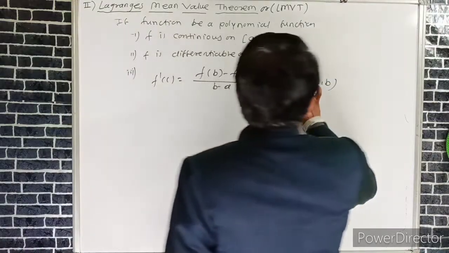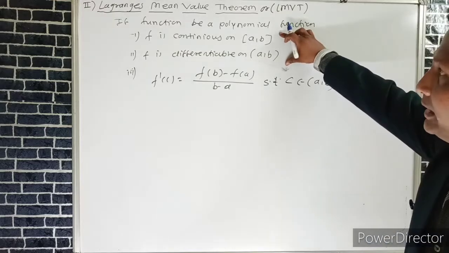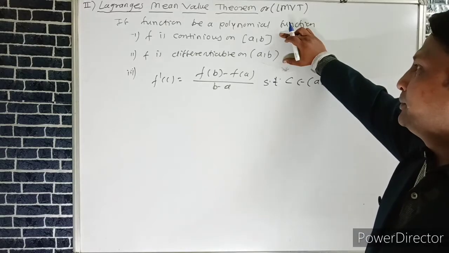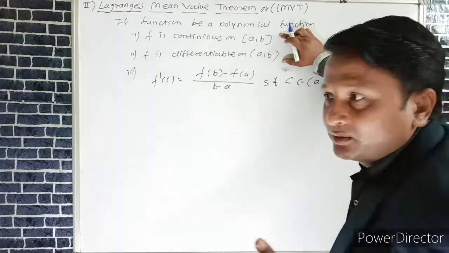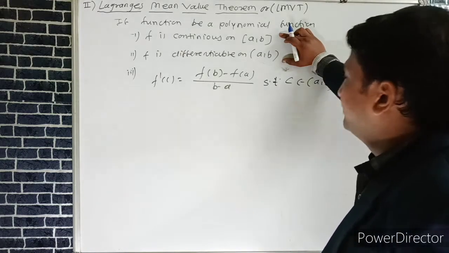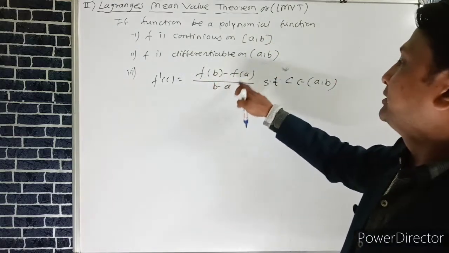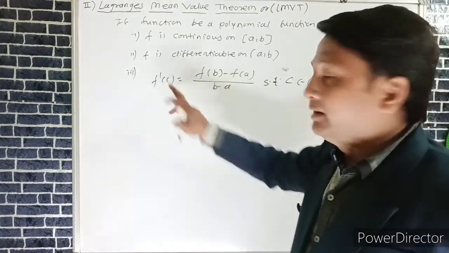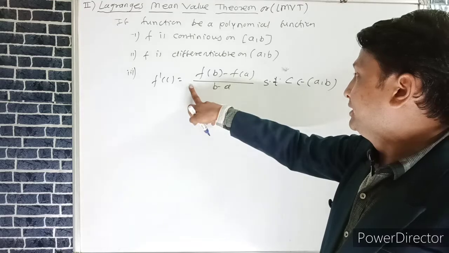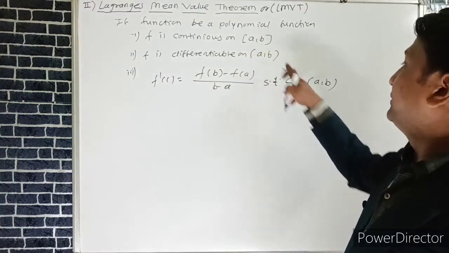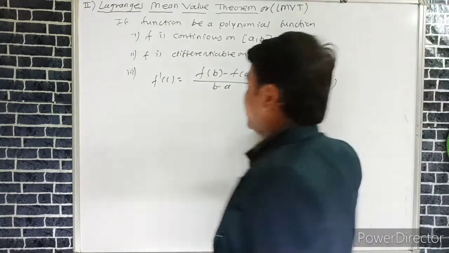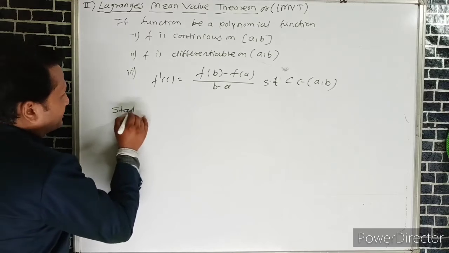If we satisfy all the conditions of LMVT, f is continuous on the closed interval [a, b], f is differentiable on (a, b), and the point c exists, then by using f dash of c equals f of b minus f of a upon b minus a, we can find the value of c. If the value of c is in between a and b, then we can say that we verified Lagrange's mean value theorem.